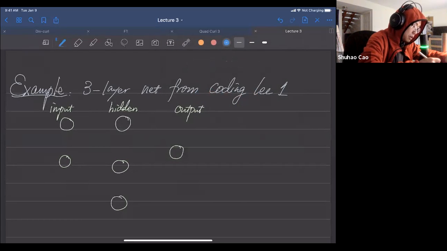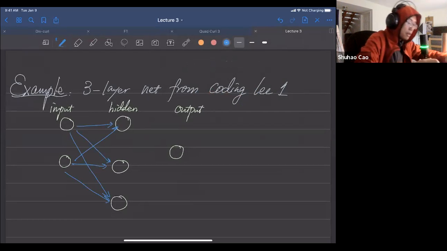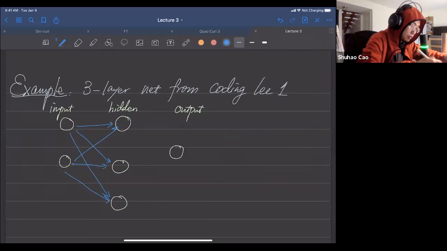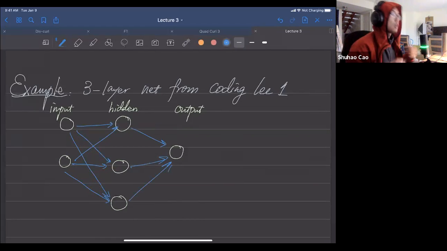Every single neuron, or say perceptron, from the hidden layer is connected with the input layer. And lastly, we have a single output neuron which accepts input from the hidden layer.